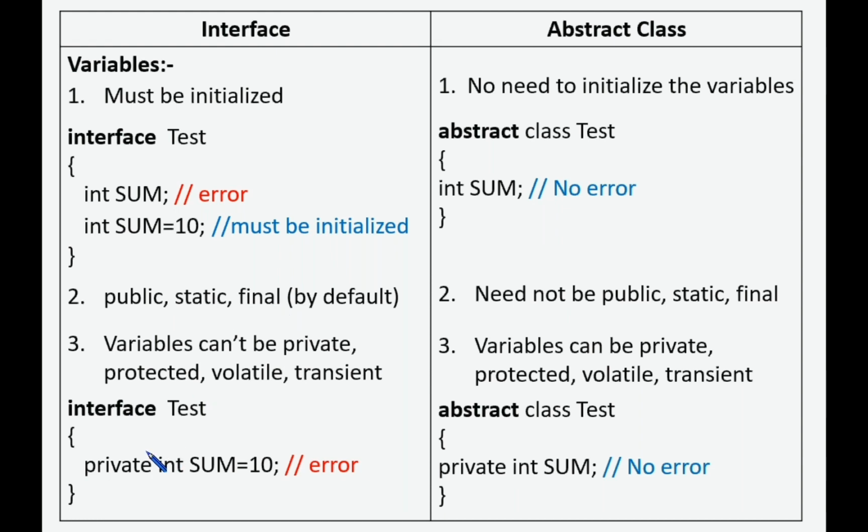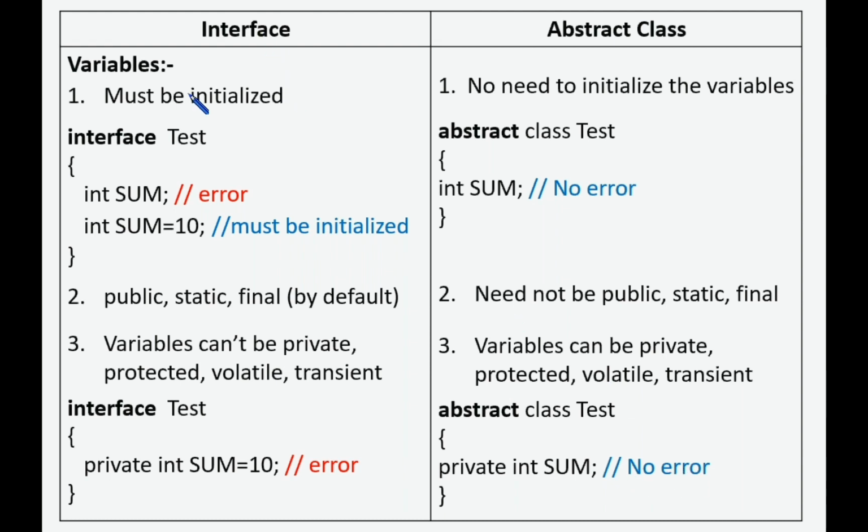See this. Suppose inside this interface Test, I declare a variable sum with the specifier private. What will happen? The compiler shows an error. Whereas in case of abstract class, the variables can be private, protected, volatile and transient. Here we can declare private int sum. Here no error.